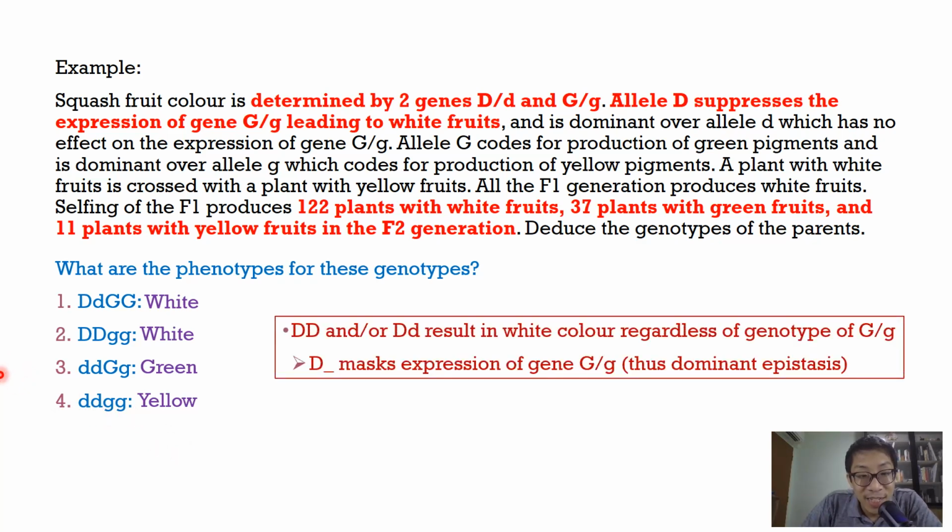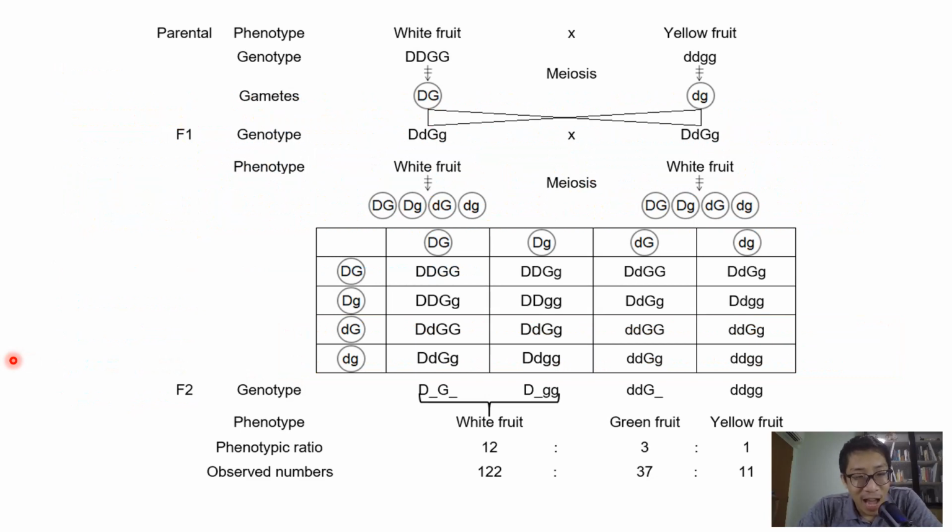All right, so in this case, the big D, whether it is homozygous dominant or heterozygote, will mask the expression of gene G, and therefore this is known as dominant epistasis, because the masking is by the dominant allele of one gene, which masks the other gene. Okay, so this is the diagram that you have in the notes.